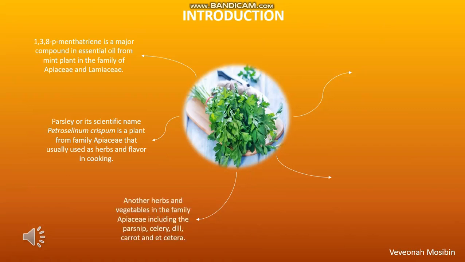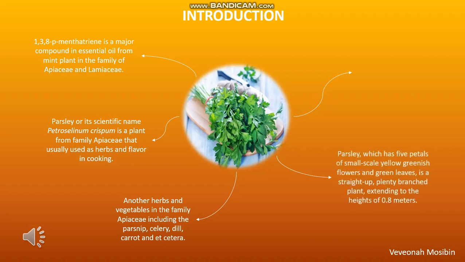Other herbs and vegetables in the family Apiaceae include the parsnip, celery, dill, carrot, and etc. Parsley, which has 5 petals of small yellowish-green flowers and green leaves, is a straight, much-branched plant extending to heights of 0.8 meters. It is generally cultured as an edible herb and is extensively grown in Europe and Western Asia.